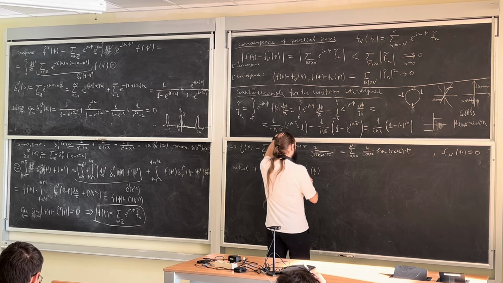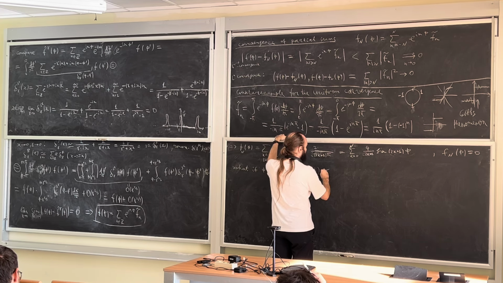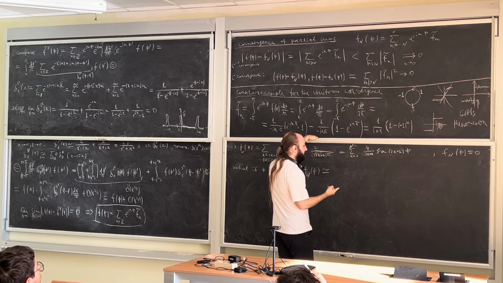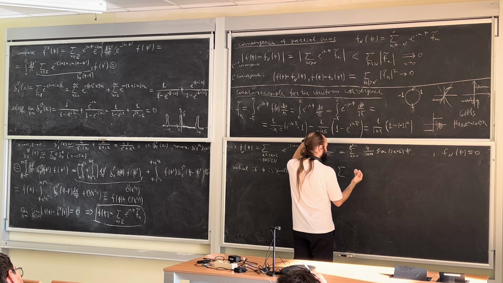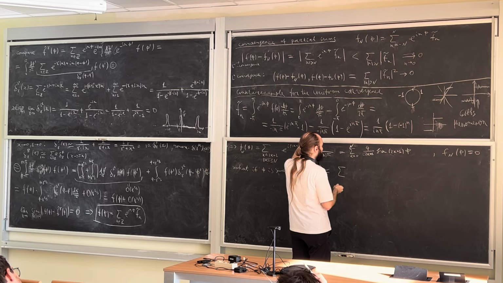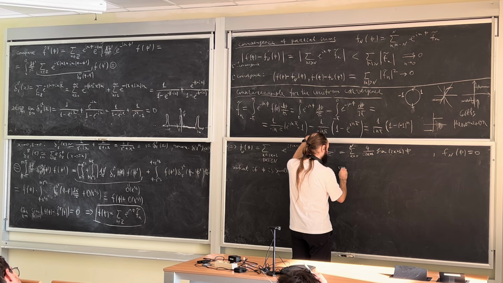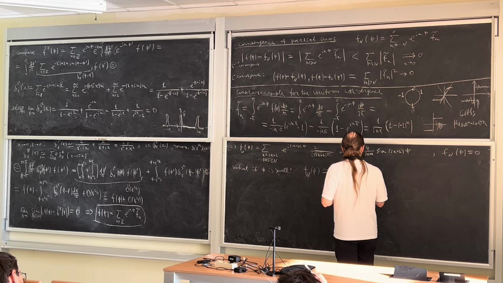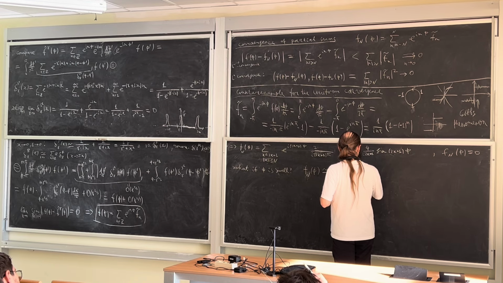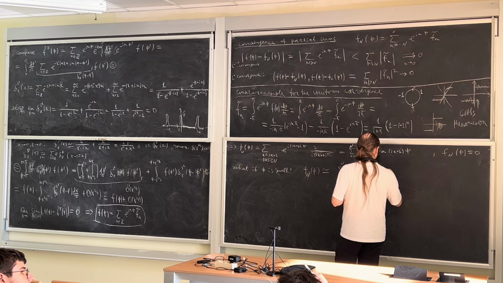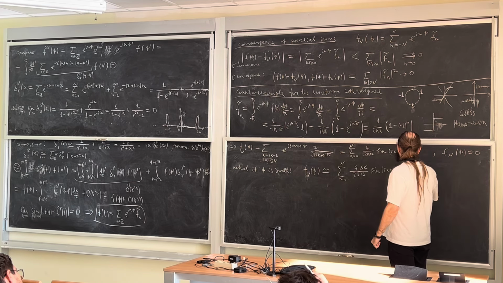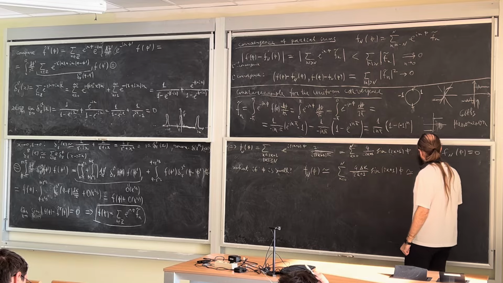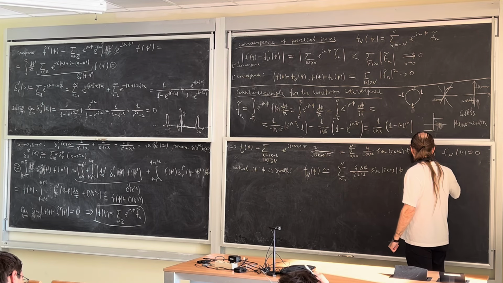So we can write this sum as, we can approximate the sum by an integral. We can first write that it was a sum in k of delta k over 2k plus 1 times sine of 2k plus 1 phi. But it can be approximated by an integral.